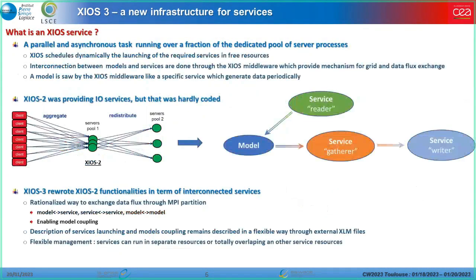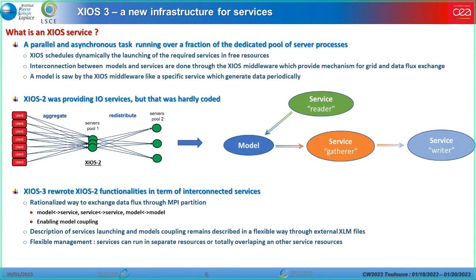So now let's introduce the new infrastructure for services. What is an XIOS service? An XIOS service is a parallel and asynchronous task that runs on a fraction of the dedicated pool of server processes that is allocated at the beginning of the simulation.